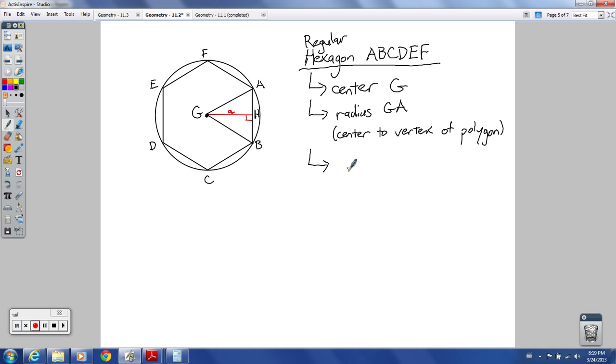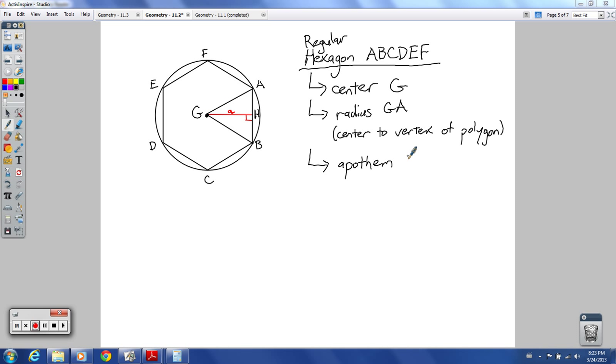And then finally, I need to remind myself how to pronounce this word. Just a second. Okay, so I had it right, but I just wanted to double check. It's apothem. So the apothem would be from the center point G to this midpoint here, the point that's perpendicular to a side.